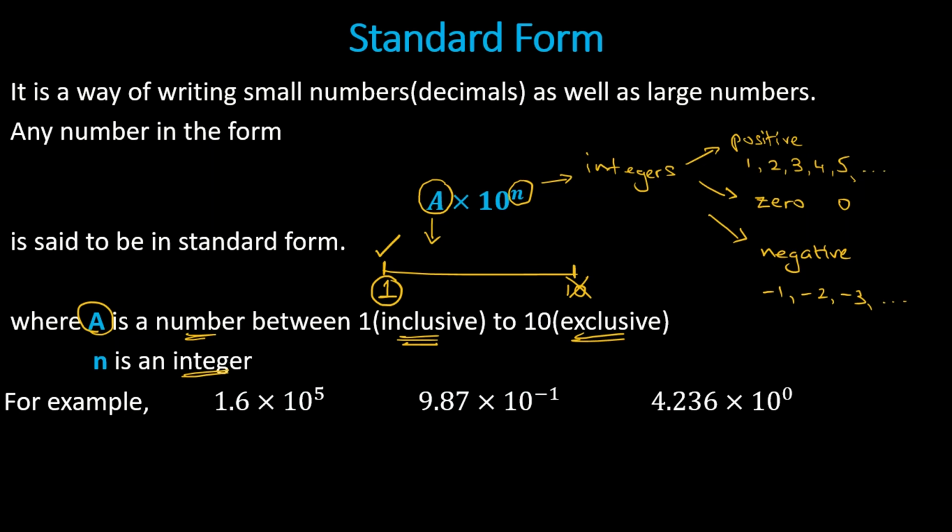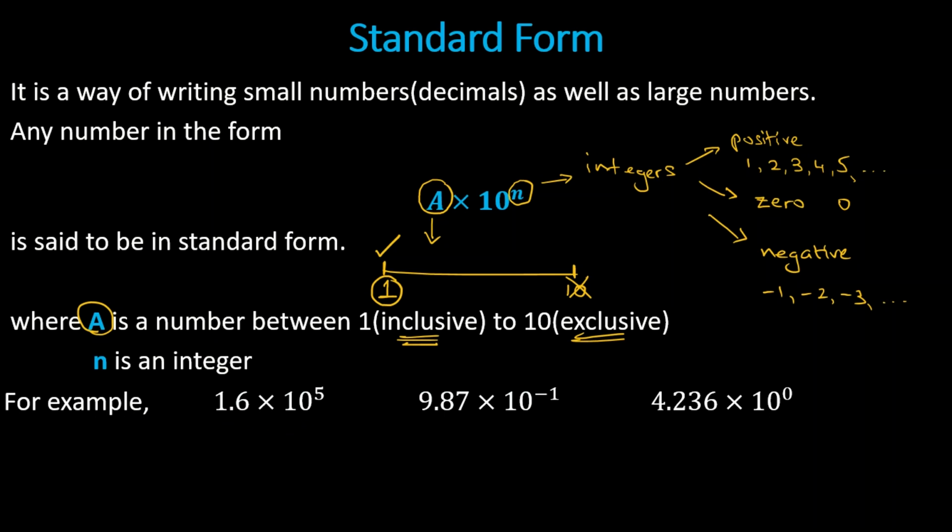Right? So any number in standard form should be like this. A times 10 to the power of n. What is A? A is any number between 1 to 10 but can't be 10, and n is simply an integer. For example, here we have 1.6 times 10 to the power of 5. This number is in standard form.